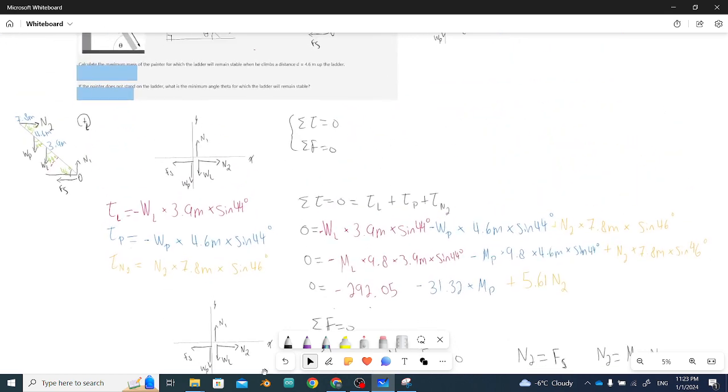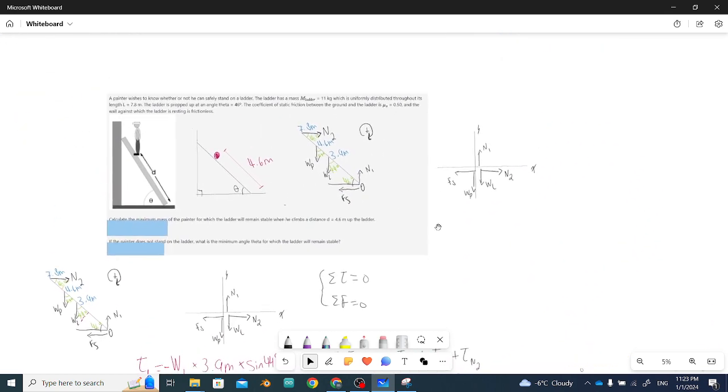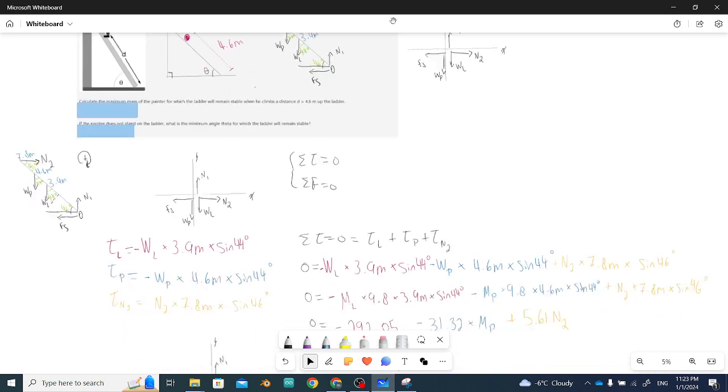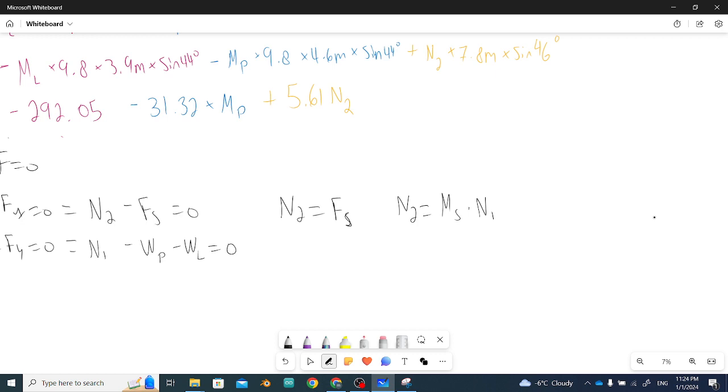Now in this case, the normal force is normal force 1 here, and the coefficient of friction is 0.5. So this means that N2 is equal to 0.5 times N1.